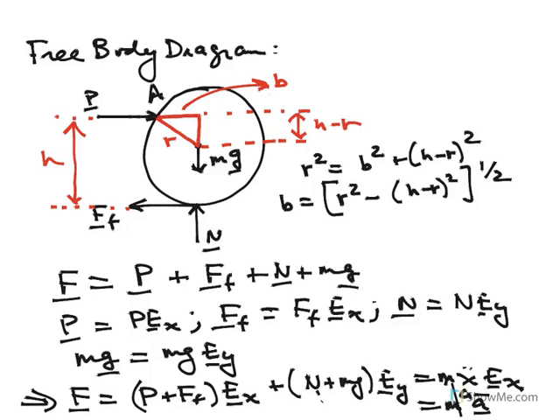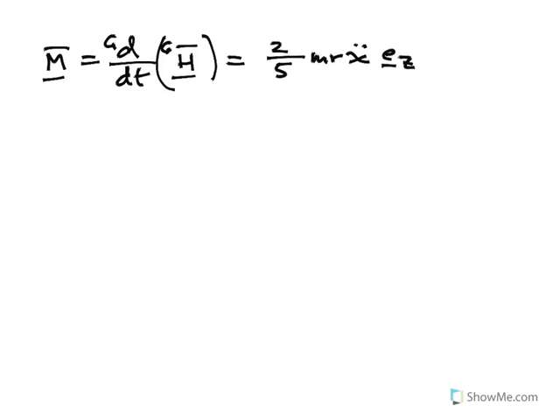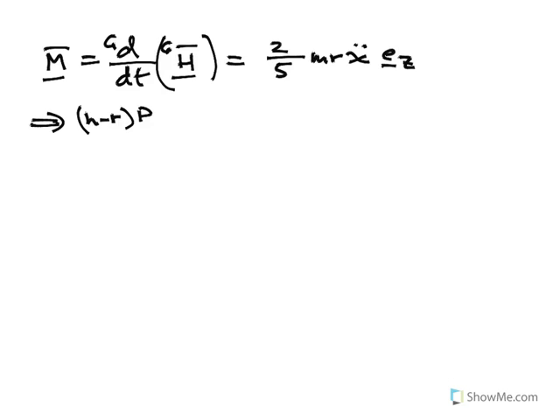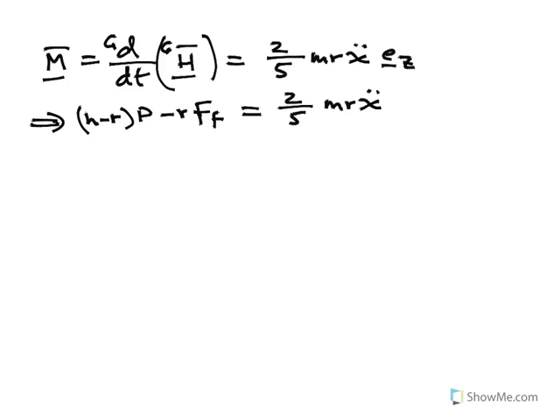So that tells me that h minus r times p minus r times f sub f has to equal 2/5 mr x double dot. So that is the third equation. I'll erase this and I'll label this 3.